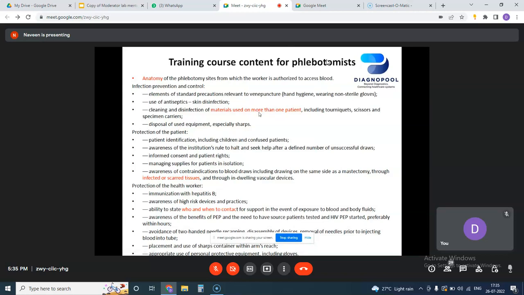So always remember the materials which are used for more than one patient need to be cleaned regularly.